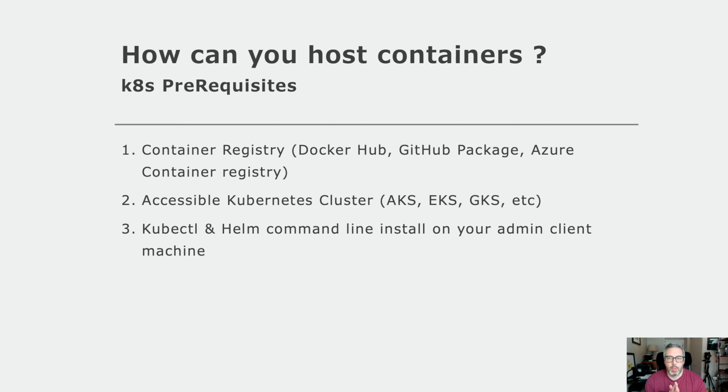Personally, I'm using more Docker Hub to store public container images that are sometimes more generic. GitHub Packages also provides a capability to store your container images, and you can choose to have a public repository or a private repository for your container images.